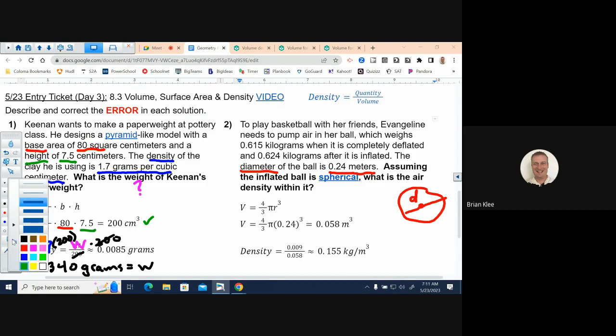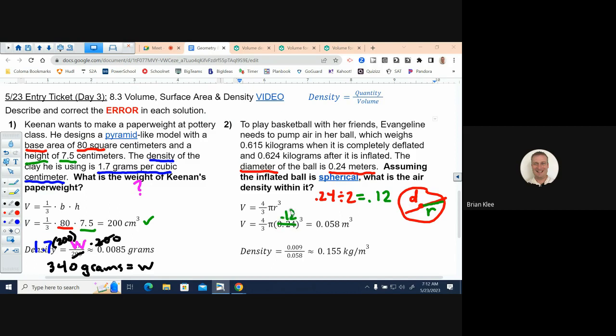That's how basketballs are referred to. We want just half of that. So the problem is done wrong because the 0.24 should be divided by 2 to get the radius of 0.12. So that 0.24 there should be 0.12.